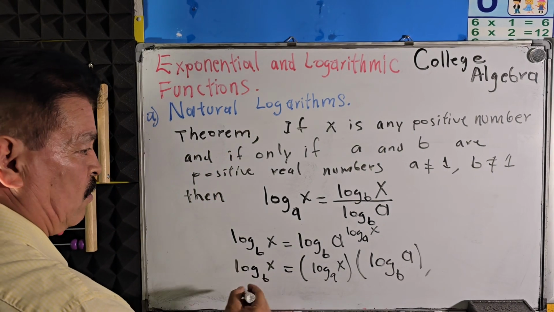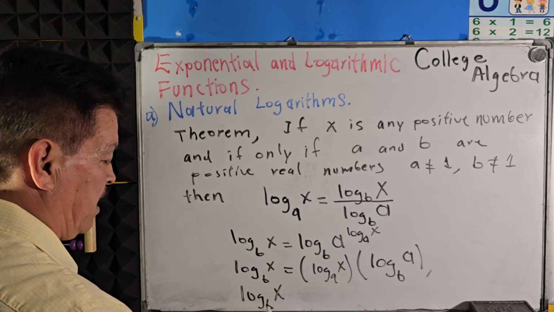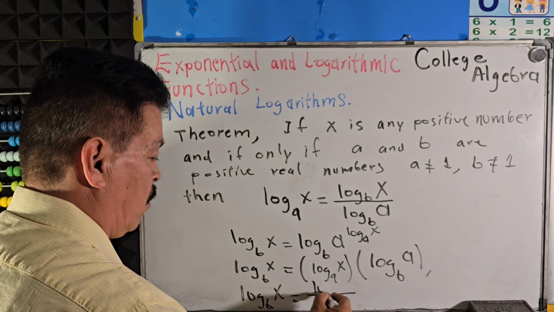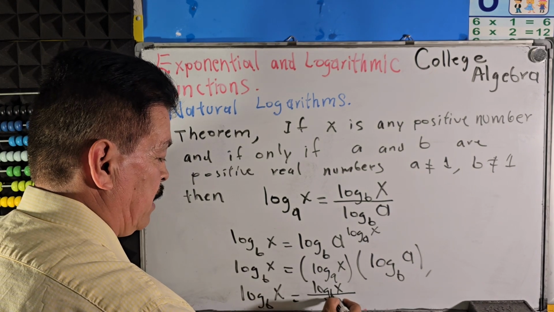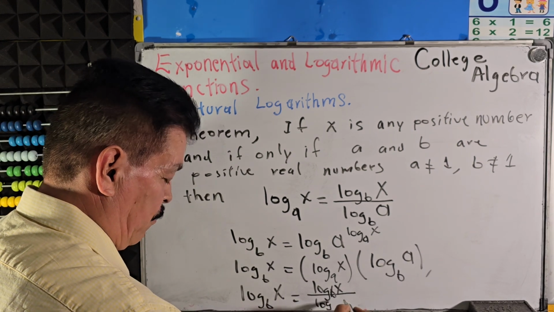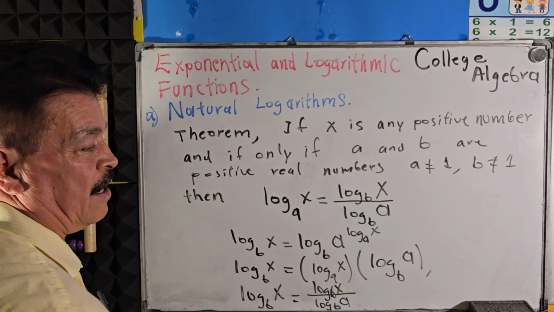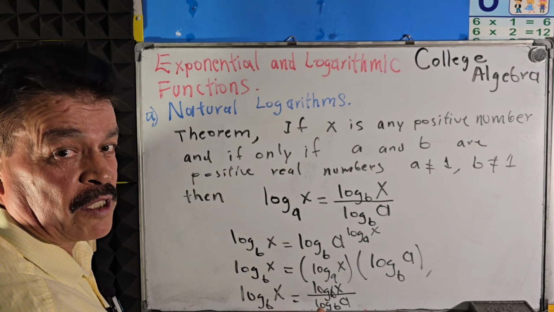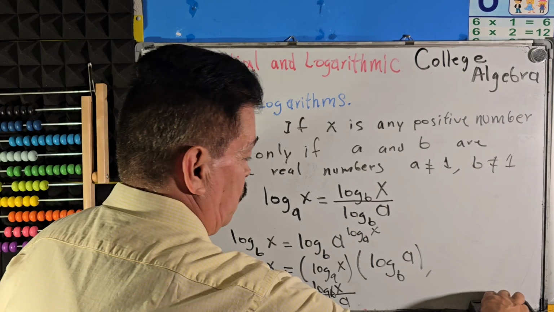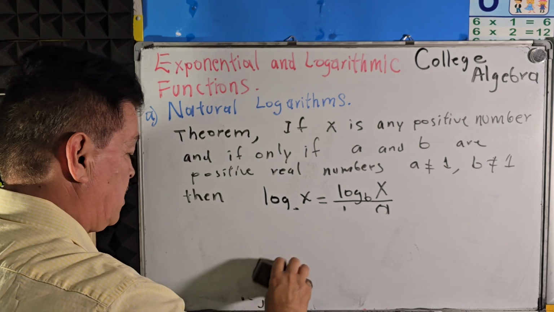So then as a conclusion, log of x with the base a equals log of x with the base b divided by log of a with the base b. We started with this problem, so the conclusion must be the same, okay?